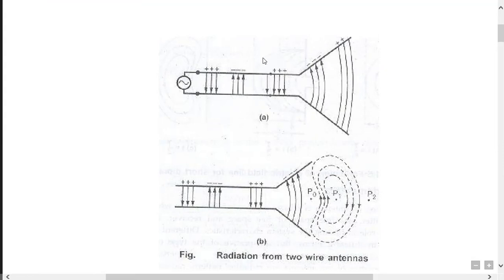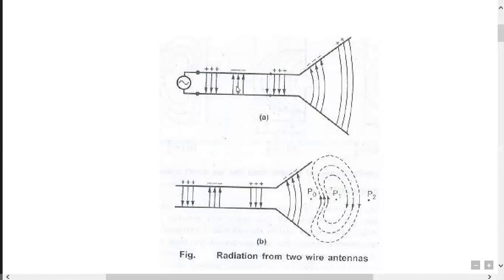The magnetic field lines always form closed loops around these two transmission lines, encircling the current-carrying conductors, because physically there are no magnetic charges. That's why we only represent the electric field lines.